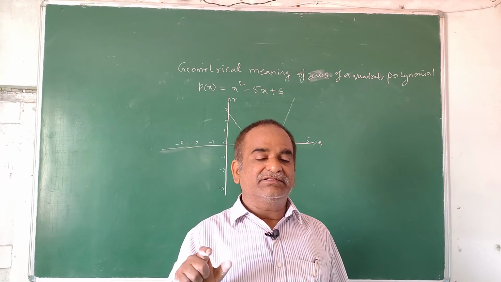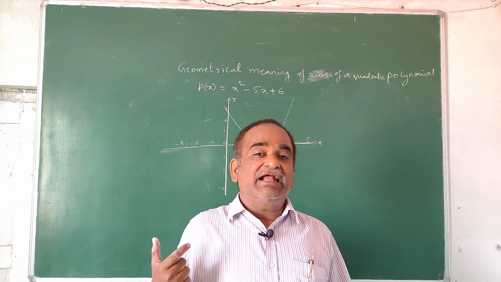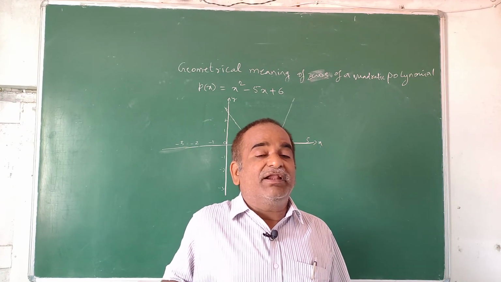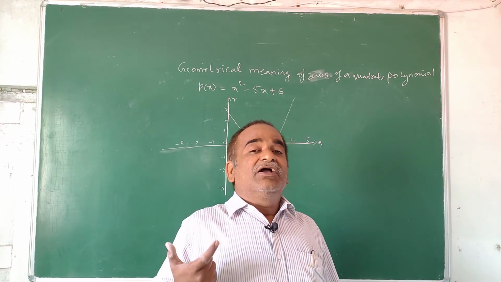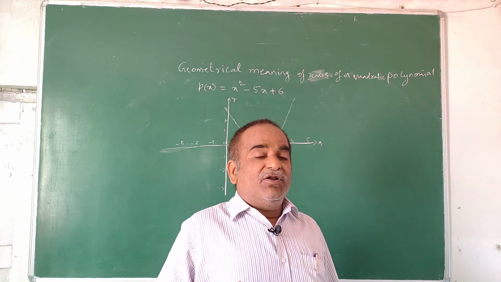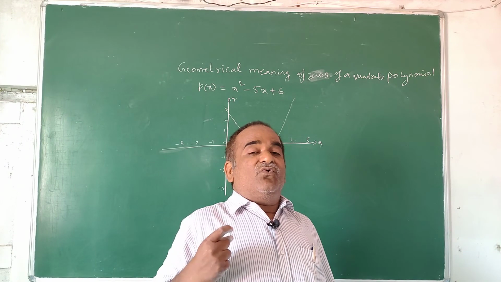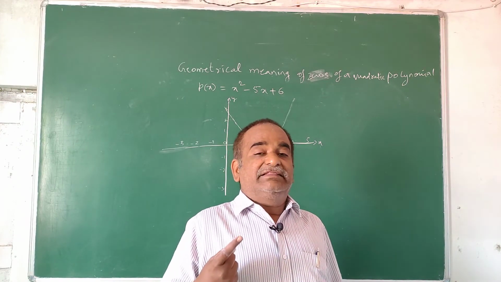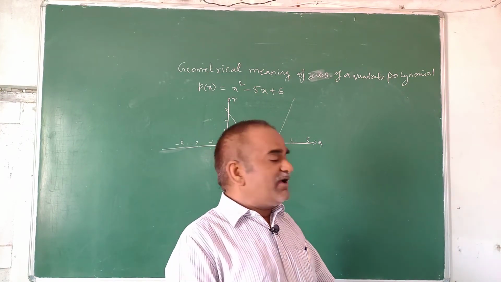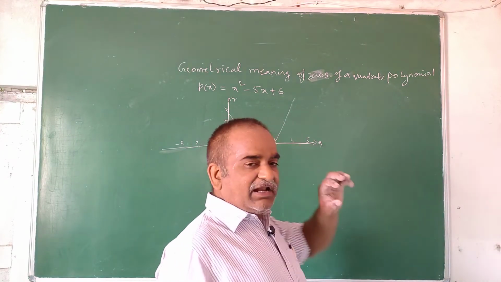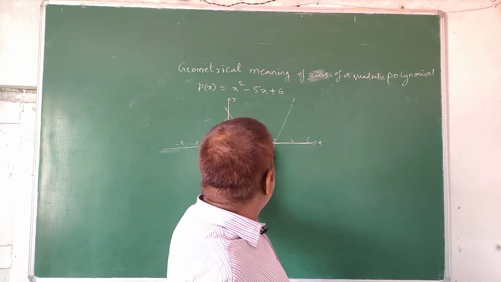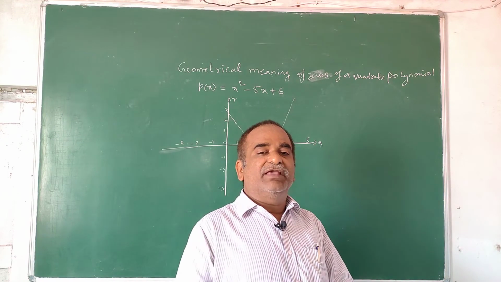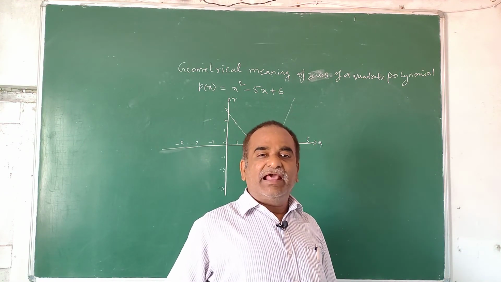Please try to understand. The weightage is for understanding the geometrical meaning of the zeros of a quadratic polynomial, but not giving so much importance to drawing the exact graph. That is why I have given a little less preference to drawing the diagram, and I am giving more preference to making you understand the geometrical meaning.